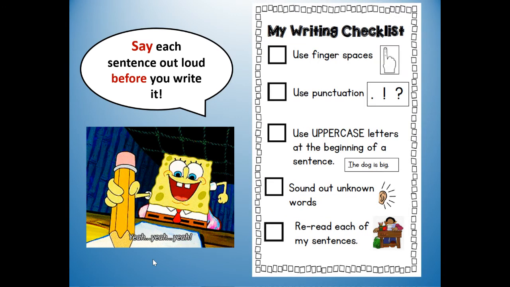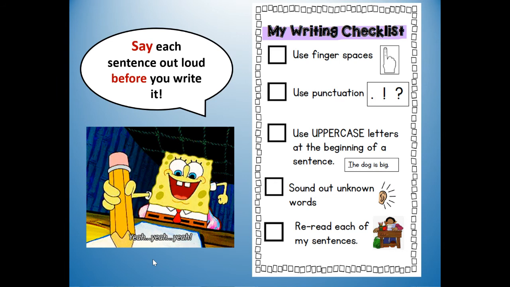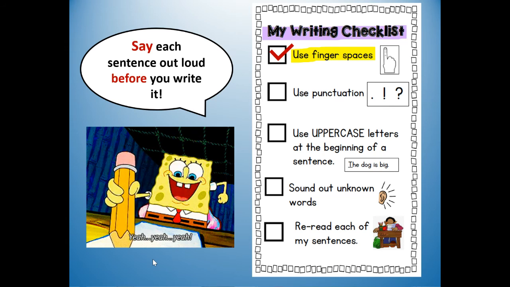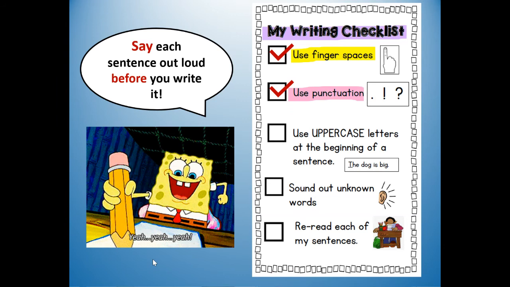And here's my writing checklist. When you write your words and your sentence, make sure you use finger spaces between each of your words. Make sure you use punctuation, especially ending punctuation.